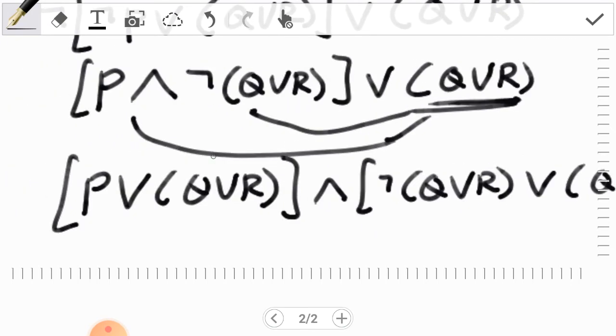We have P or Q or R and not Q or R or Q or R.